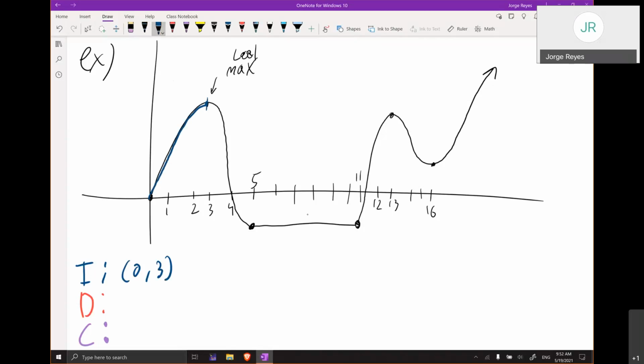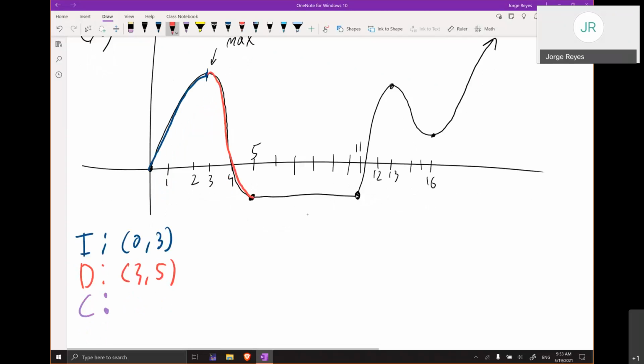Then we notice I start going down until 5. So from 3 to 5, I am decreasing. And then this happens. I'm just flat, I'm not going up or down. So from 5 to 11, I am constant. Constant means flat.